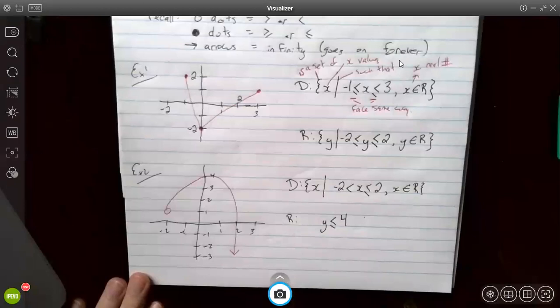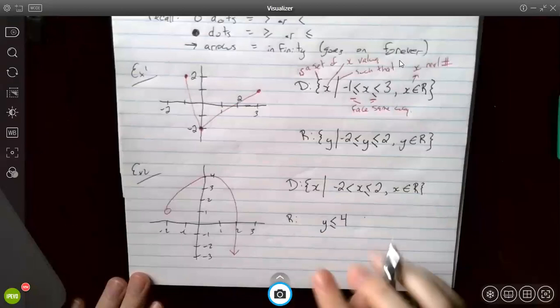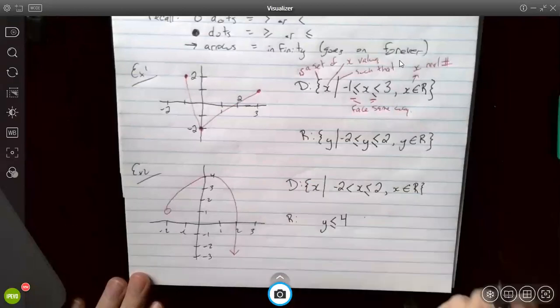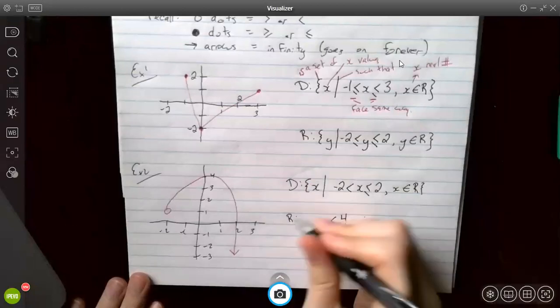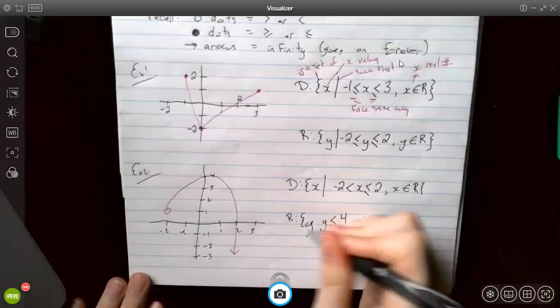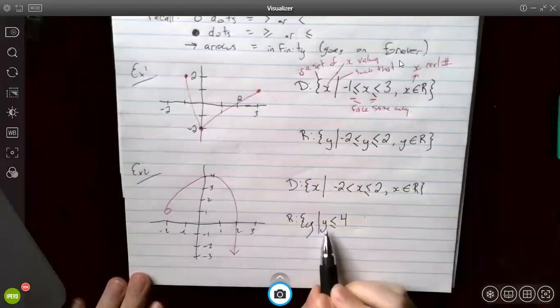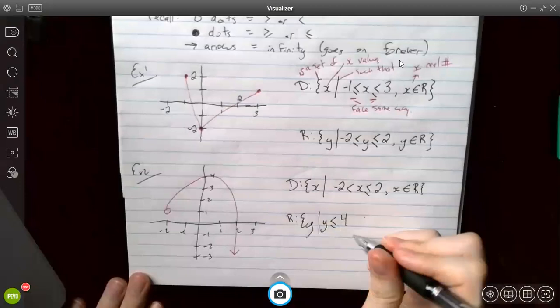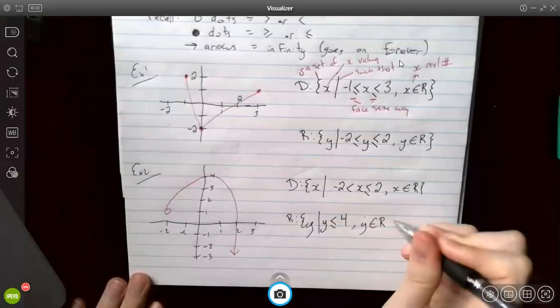Okay? So you don't always have to have numbers in your domain and range. But we do always have to put in the rest of our set builder's notation. So range is a set of y values such that y is less than or equal to 4, and y is a real number.